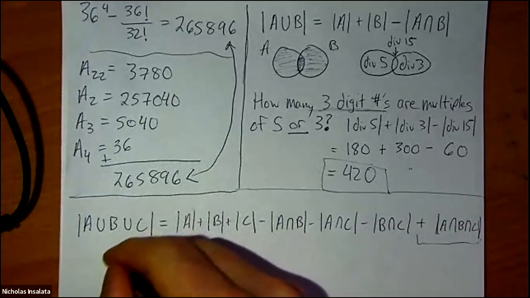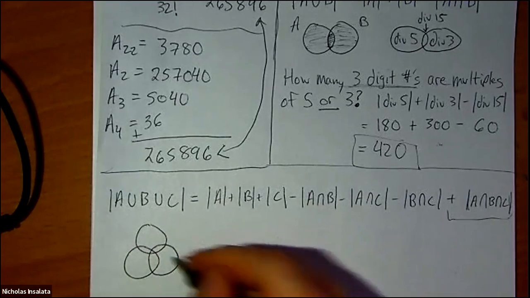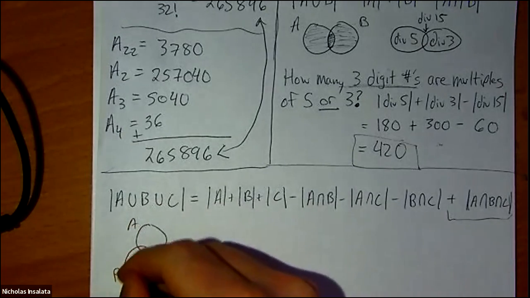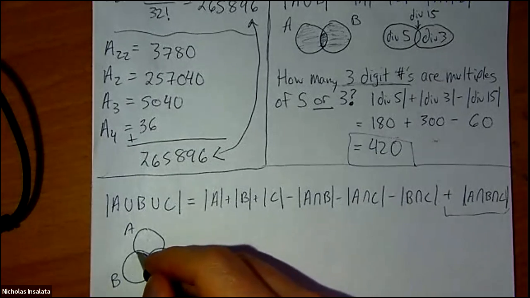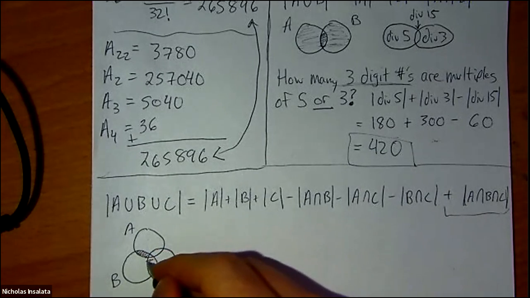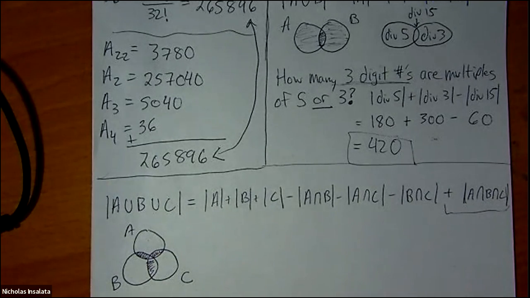If you think about it, let's make a little picture here. We did subtract it out 3 times, but that doesn't mean that we add it back in twice. So let's think really carefully, right? If we're adding up A, B, and C, then these guys here get double counted, the overlaps.